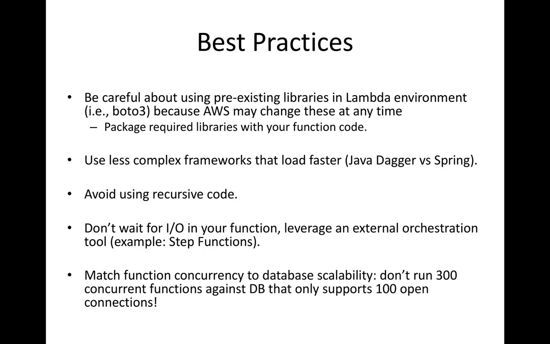So you might create a Lambda function that is communicating with the database, and 300 concurrent invocations of that Lambda function are launched. And so that Lambda function is trying to create 300 concurrent connections to your database. But maybe your database will only support 100 open connections at any given point in time. So you could quickly overwhelm your database with connections from Lambda functions if you're not careful.